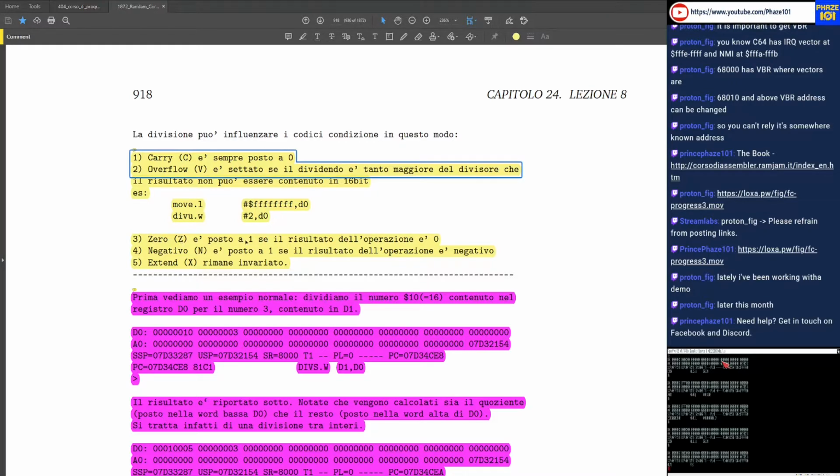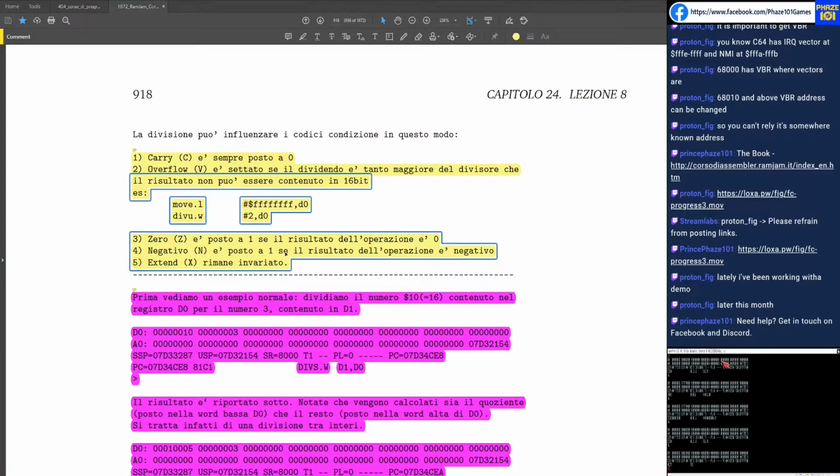The Z flag is set if the result of a division is 0. The N flag is set if the numbers are considered to be signed. And the X flag remains the same, it doesn't change.